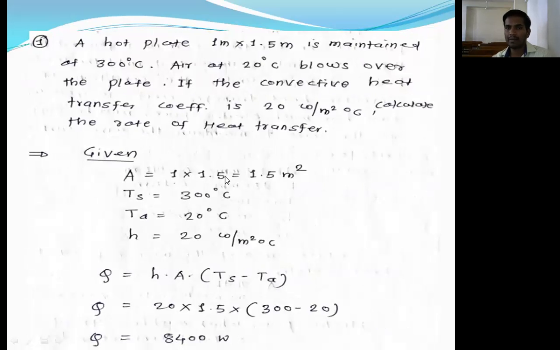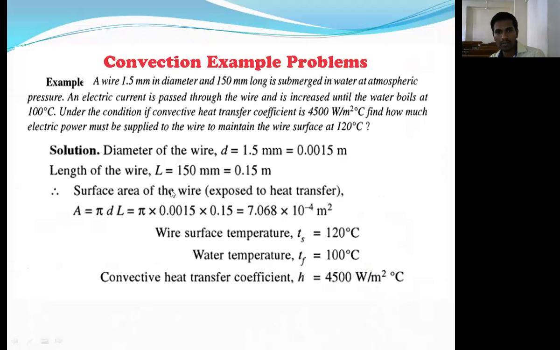A hot plate. एक मिनट थांबा, सिंपल आहे जरा. हा प्रॉब्लेम घ्या सर.